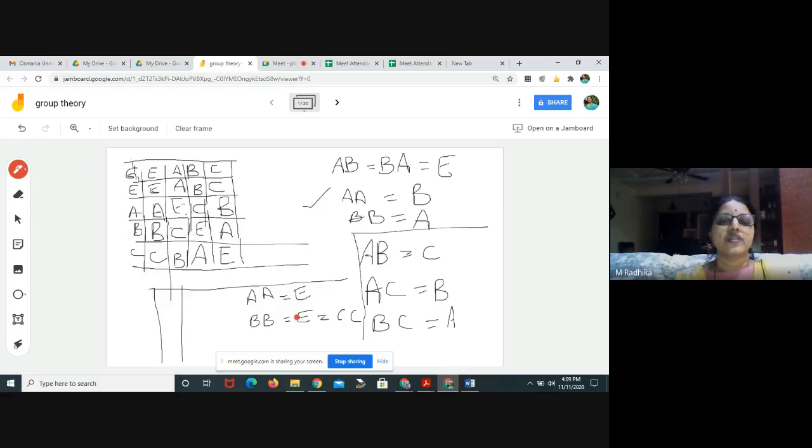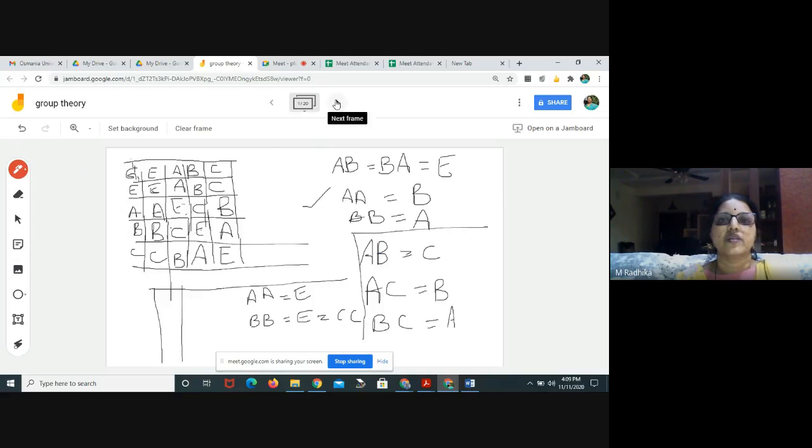So whenever we write A into A equal to E, or B into B equal to E, or C into C equal to E, this is nothing but each element being the inverse of itself. The one point you have to note down here is, whenever we are putting it this way, we should understand that the element is the inverse of itself.